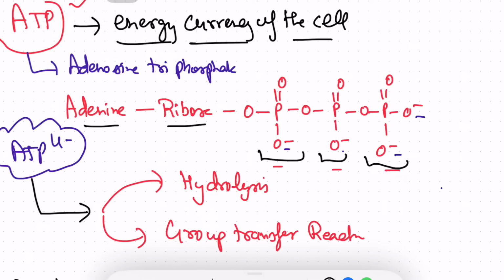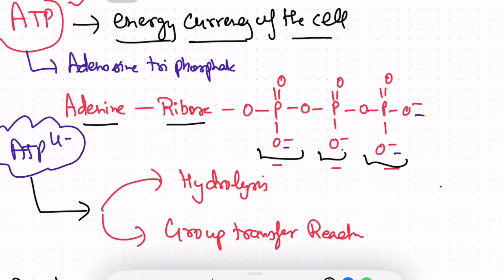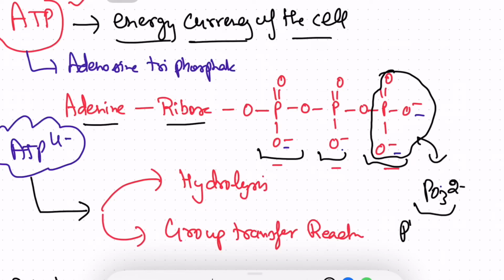Now keep in mind, it has been proved that this group, PO3 2 minus, is the phosphoryl group, and it is being transferred when ATP is involved in a reaction, in phosphoryl group transfer.